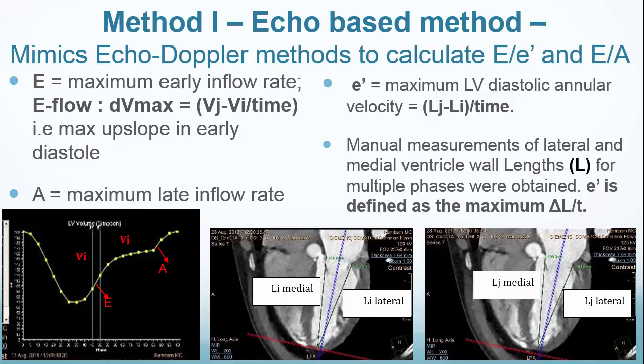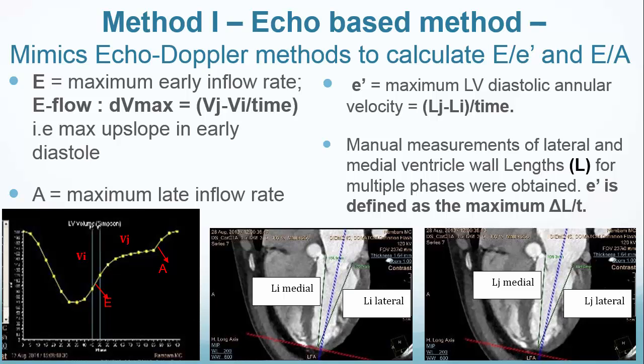The first method, the echo-based method, mimics echo Doppler methods in evaluating E over E prime and E over A in evaluating diastolic function. E is the maximum early inflow rate. In calculating E, we used the maximum upslope in early diastole, and in a similar manner we took the maximum upslope for A, and we were able to calculate E over A, which gave us a comparable parameter to echo.